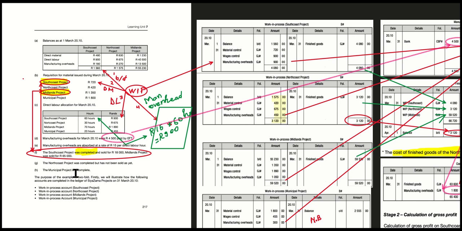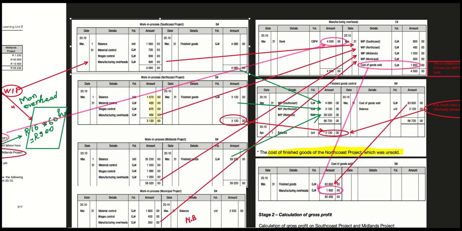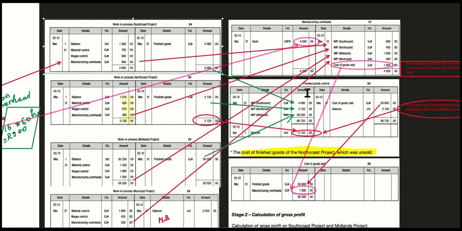So remember these things. Every line means something. The North Coast project was completed, but has not been sold yet. That's good. So why not just go straight to the finished goods.